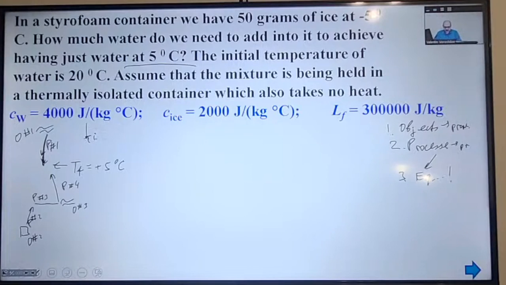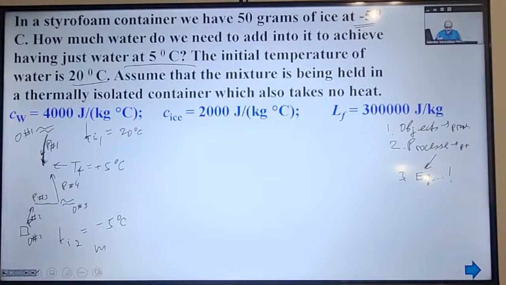So the initial temperature of water, which is object number one, is 20 degrees Celsius, and the initial temperature of ice, which is object number two, is negative 5 degrees Celsius.